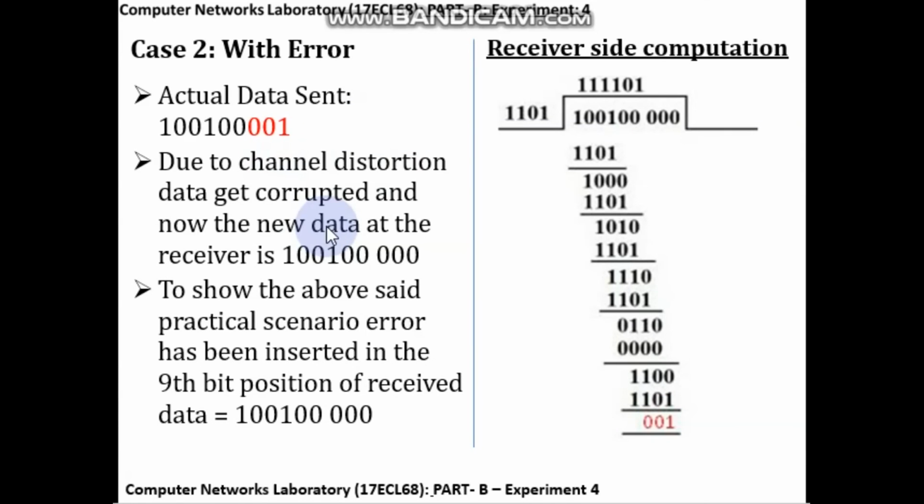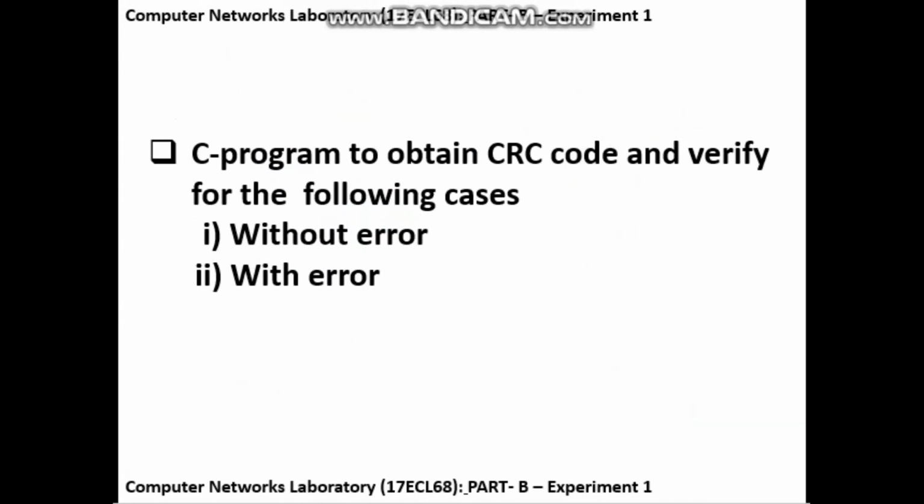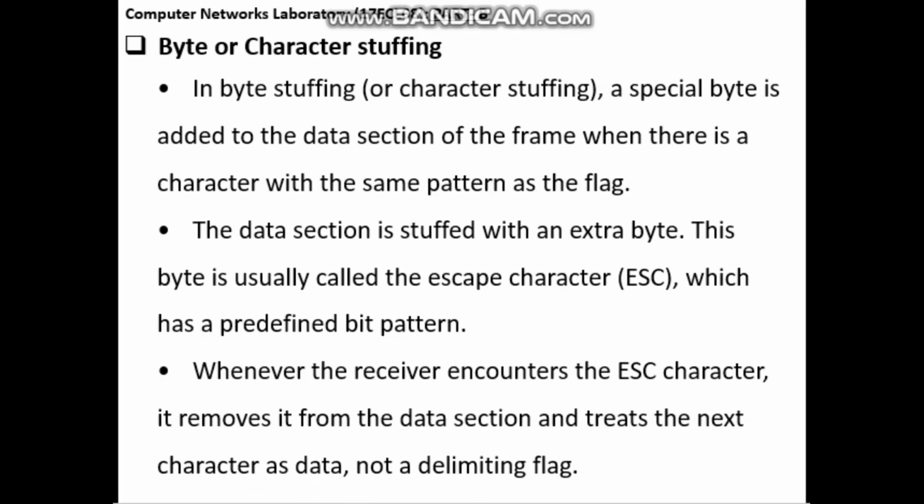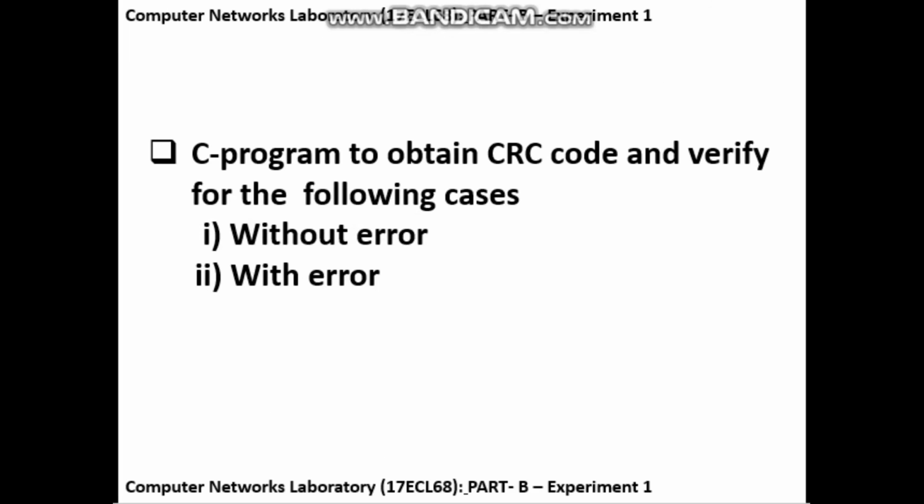Let us implement this process, that is to obtain CRC and test without error and with error. A C program to obtain a CRC code and verify for the following cases: without error, with error, and we're going to execute the C program for the same in the Code::Blocks IDE, and we had a discussion on how to write a C program and execute.